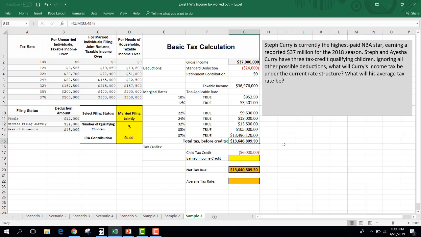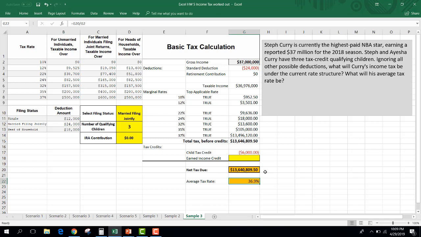And like I said, it's very likely that he has other deductions and credits, but they're not going to take this total tax down that much, right? This is how our system is designed to work. Extremely high income people pay an extremely disproportionate share of the total income taxes. So his average tax rate then is going to be his net tax due of 13.6 million divided by his total gross income of 37.